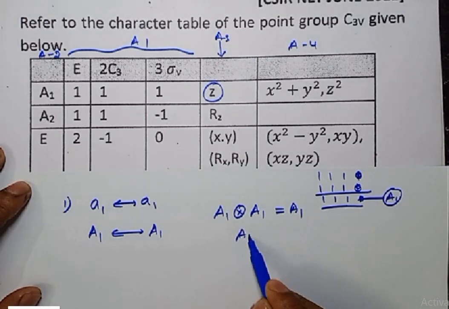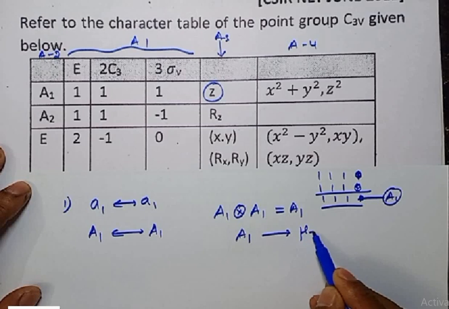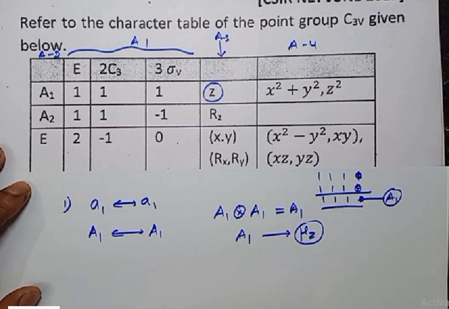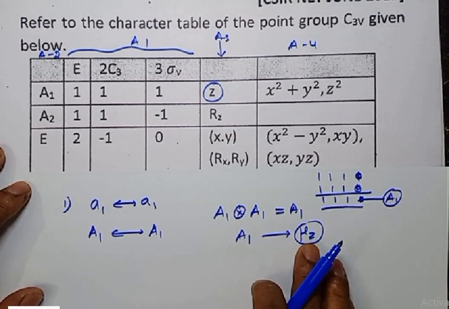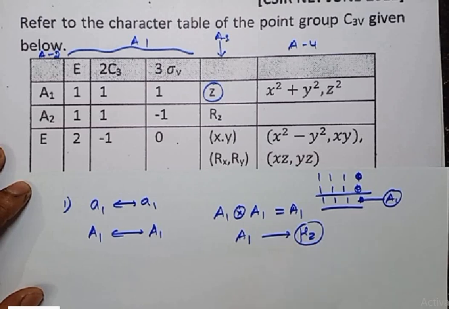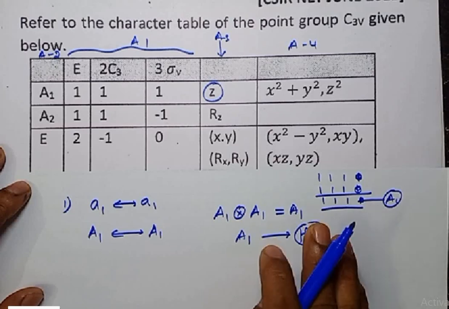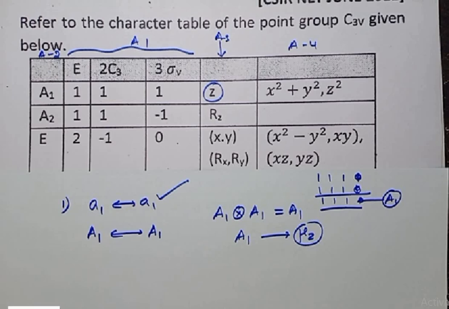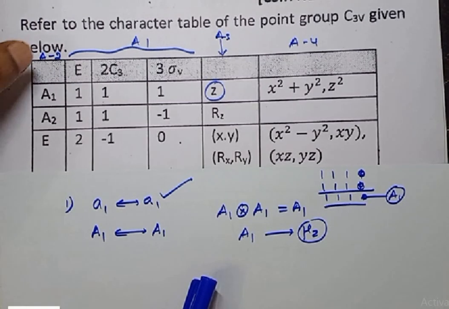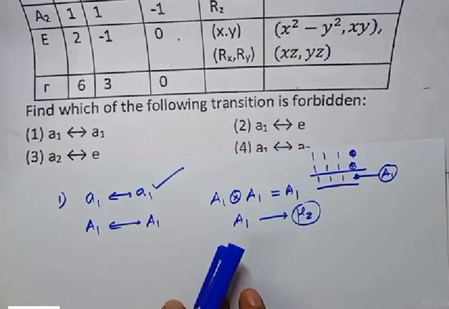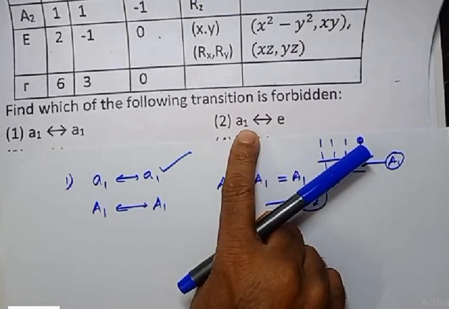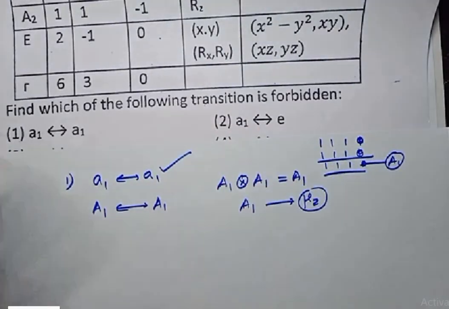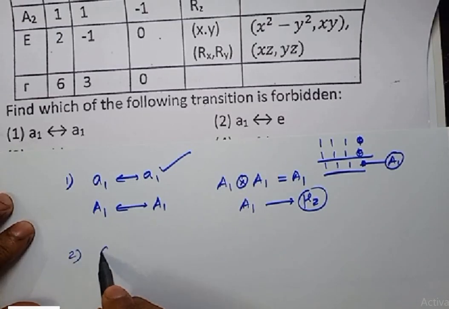Now along A1, I have z. Z means you write mu z, a dipole moment along the z direction. If x or y or z exists, then that transition is an allowed transition. Take note. Now we'll see the second option, because we need to find out which is forbidden. In the second option, I have A1 to E.